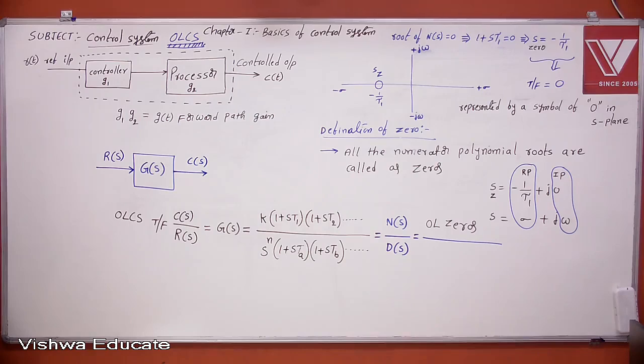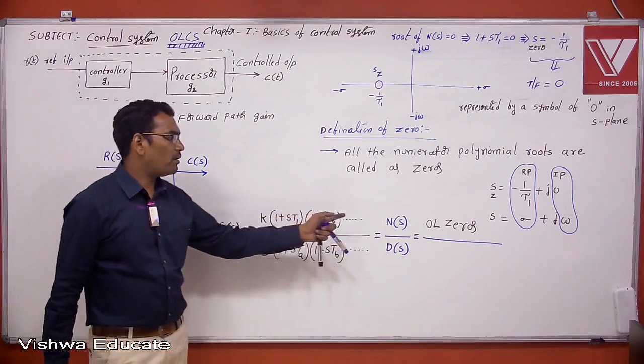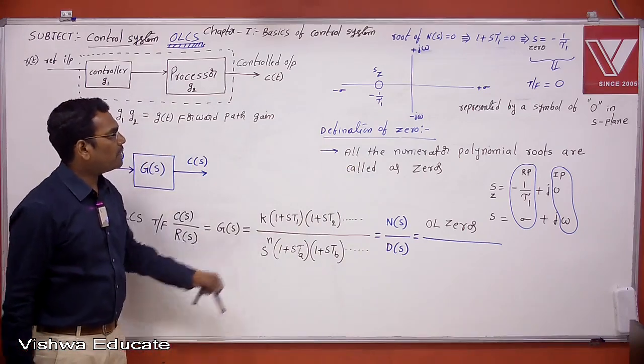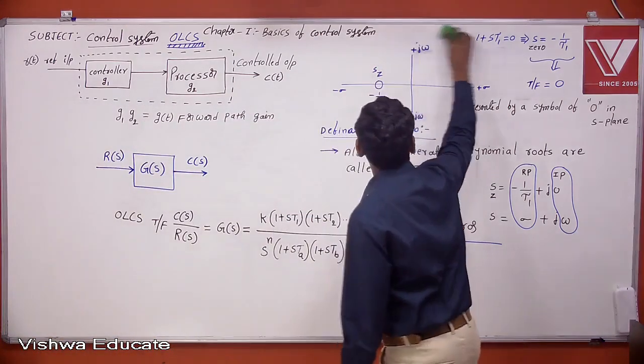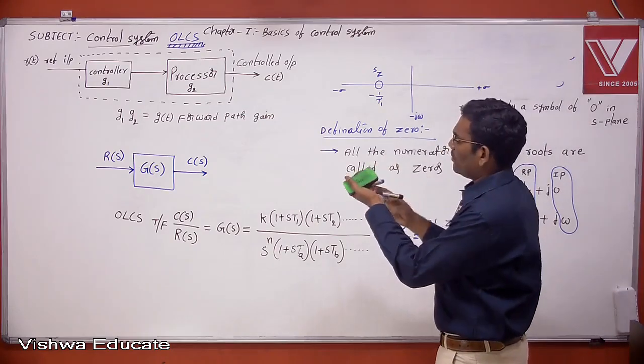This is a numerator polynomial root, and from that I can get one definition. Now I am taking a root of the denominator polynomial.